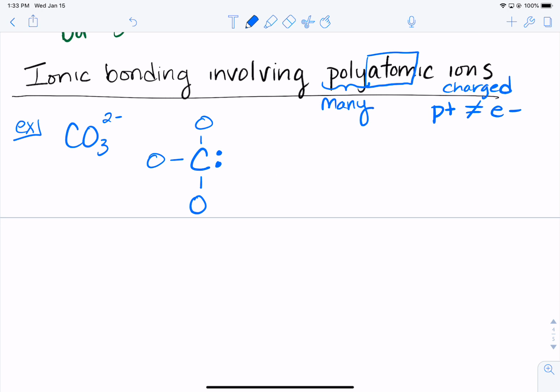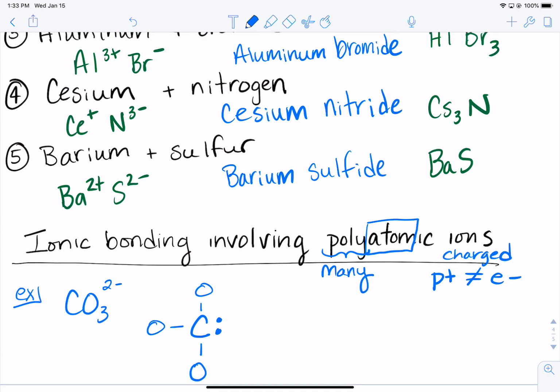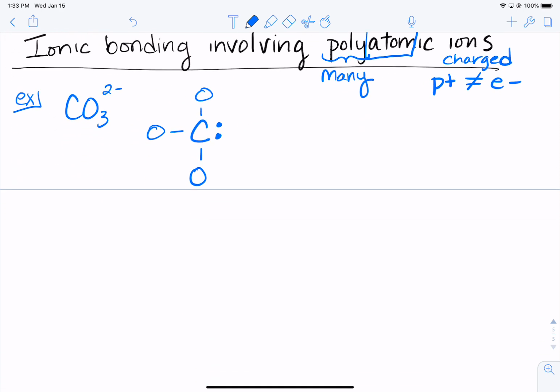Remember when we made these compounds up above, our whole point was to make it become charge neutral. Well, that doesn't always happen. So just because things bond to each other doesn't necessarily mean that it's charge neutral, and that's when it becomes a polyatomic ion.